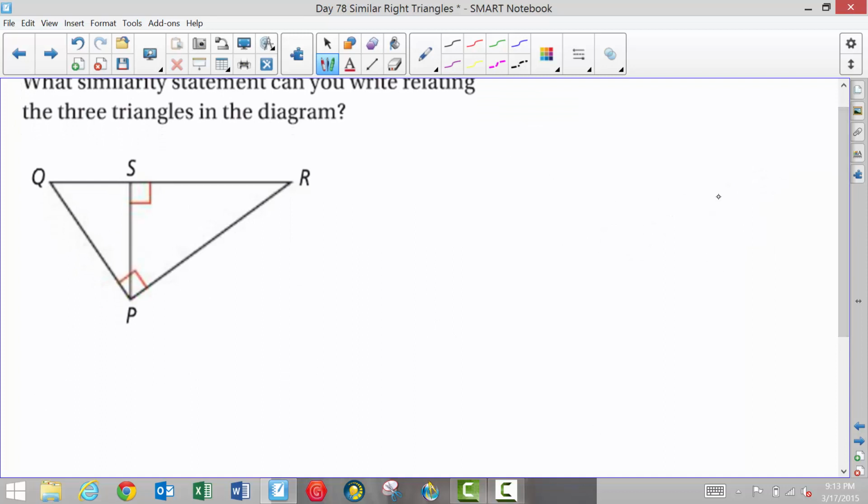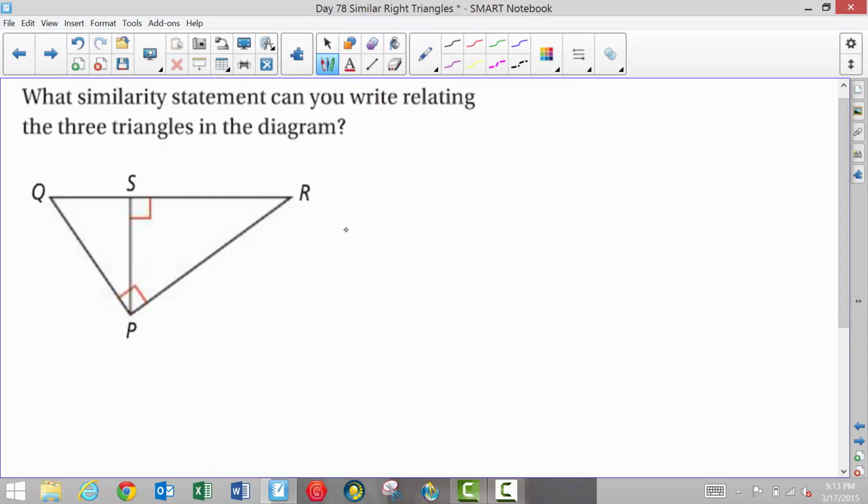So I want a similarity statement from this original right triangle of QRP. Remember that S to P is an altitude. If I draw an altitude to the hypotenuse of a right triangle, it creates three similar right triangles. So I'm going to label my triangles 1 and 2, and I have the original.